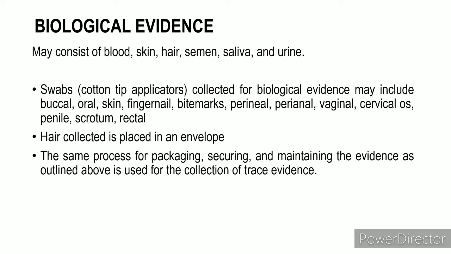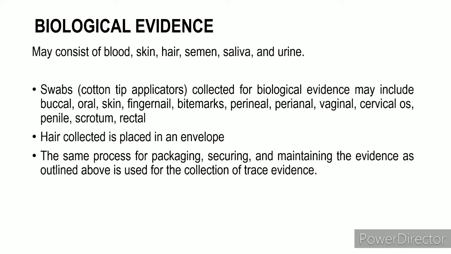Swabs collected for biological evidence may include buccal, oral, skin, fingernail, bite marks, perineal, vaginal, cervical os, penile, scrotum, and rectal. Hair collected is placed in an envelope.